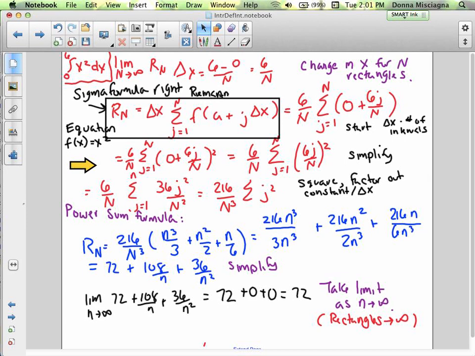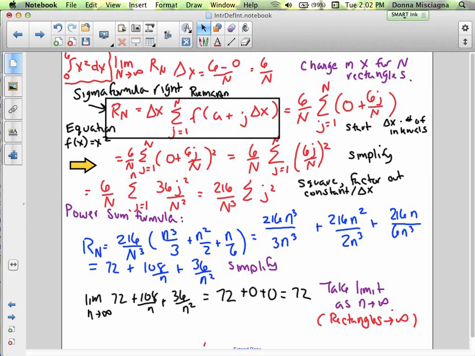Well, we have a formula for that. So we're using our power sum formula. This is the one for squareds. So we have our right Riemann sum, n subintervals. Once we simplify the summation, we're going to switch to the power sum formula. Once you switch to the power sum formula, there's no more summation in there, right? We have a formula to take care of that.